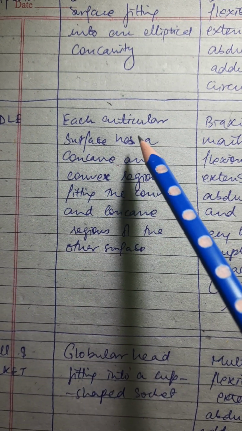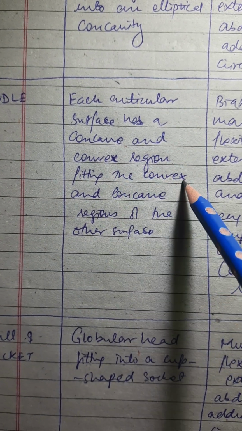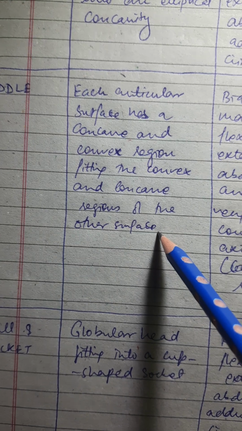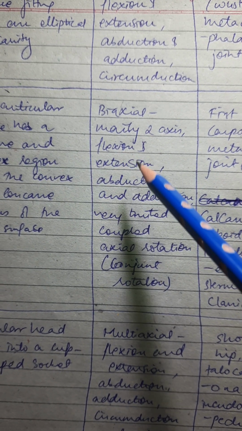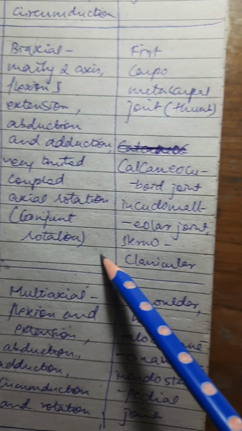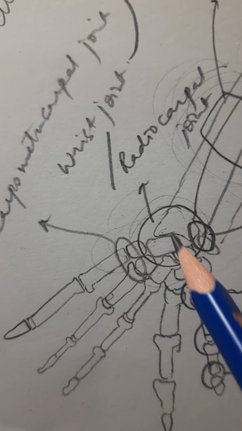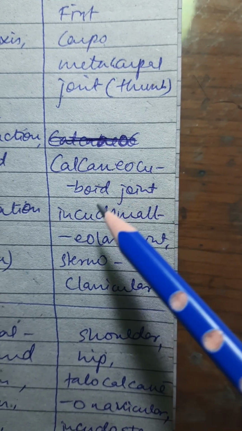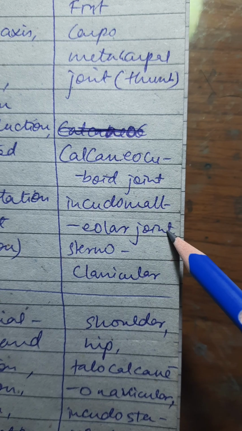नेक्स्ट इज सैडल. ईच आर्टिकुलर surface has a concave and convex region fitting the convex and concave region of the other surfaces. इसके movements हैं biaxial, mainly two axes, flexion and extension, abduction and adduction, and axial rotation, conjunct rotation. इसके examples हैं first carpometacarpal joint, calcaneocuboidal joint, incudomolecular joint, sternoclavicular joint.